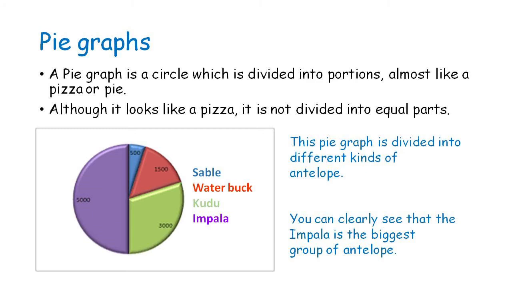The red is the waterbuck, the green is the kudu, and the purple is the impala. So by looking at this pie chart or pie graph, we can clearly see that the purple is the biggest, which shows us that the impala is the biggest group of antelope. So in other words, there are the most impala if we compare them to the other types of antelope that we can find in nature.